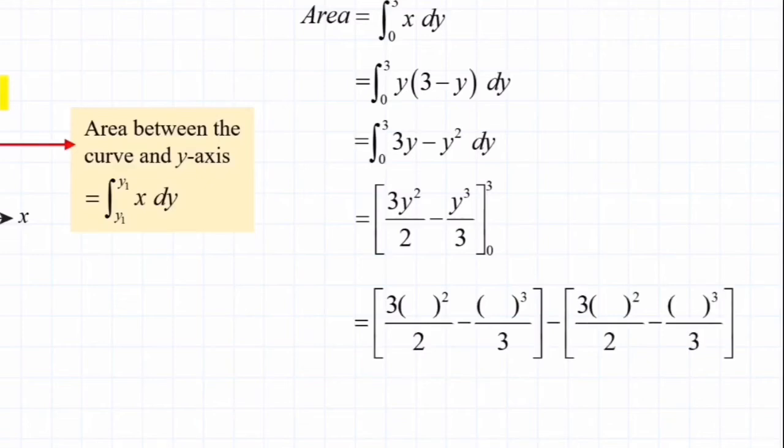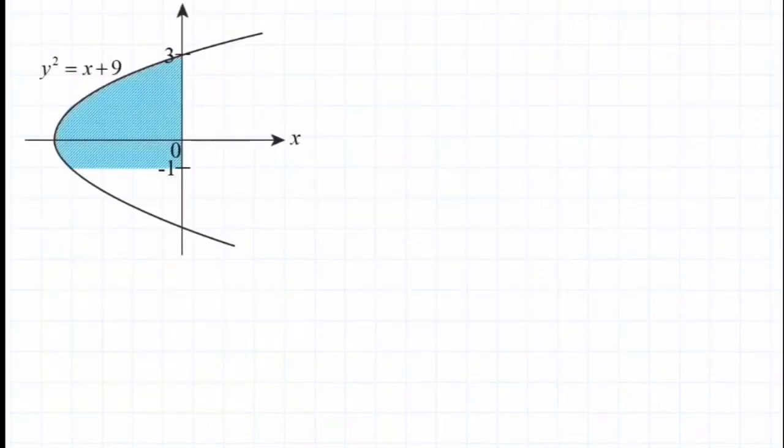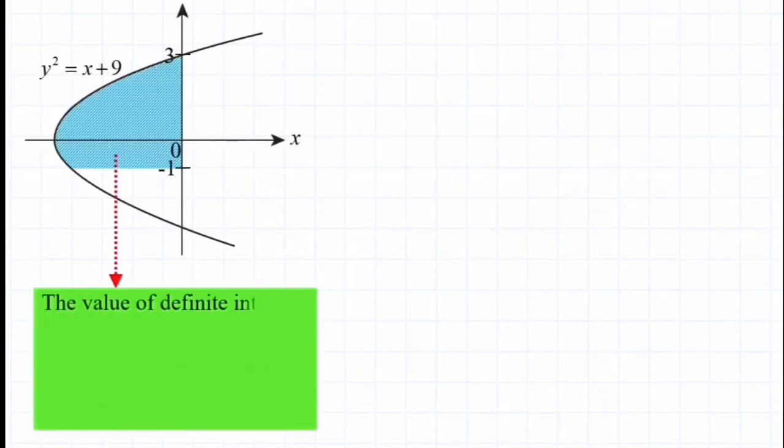Okay, substitute 3 into the function followed by minus 0, the lower limit, and you simplify to get the answer. Okay, so if you notice that the graph is bounded by the y-axis, you have to use x dy.